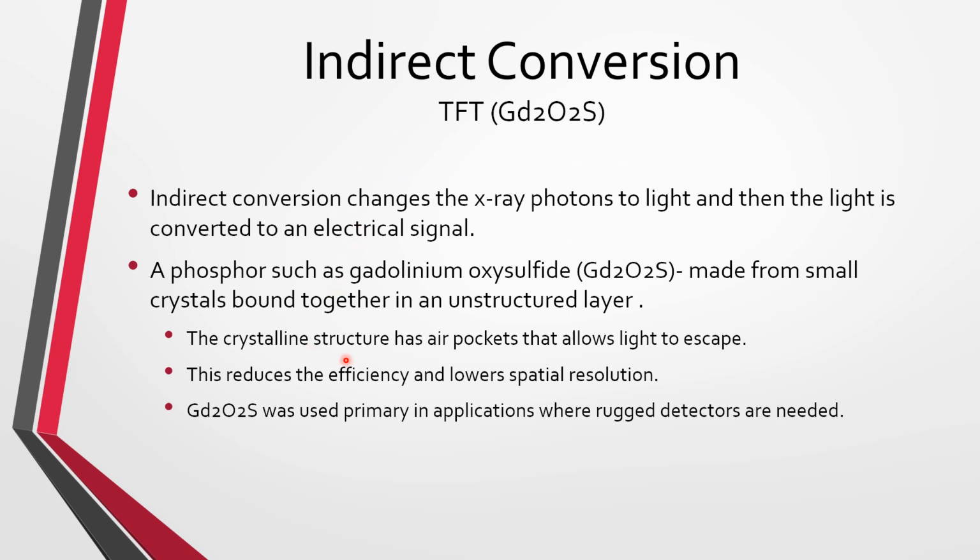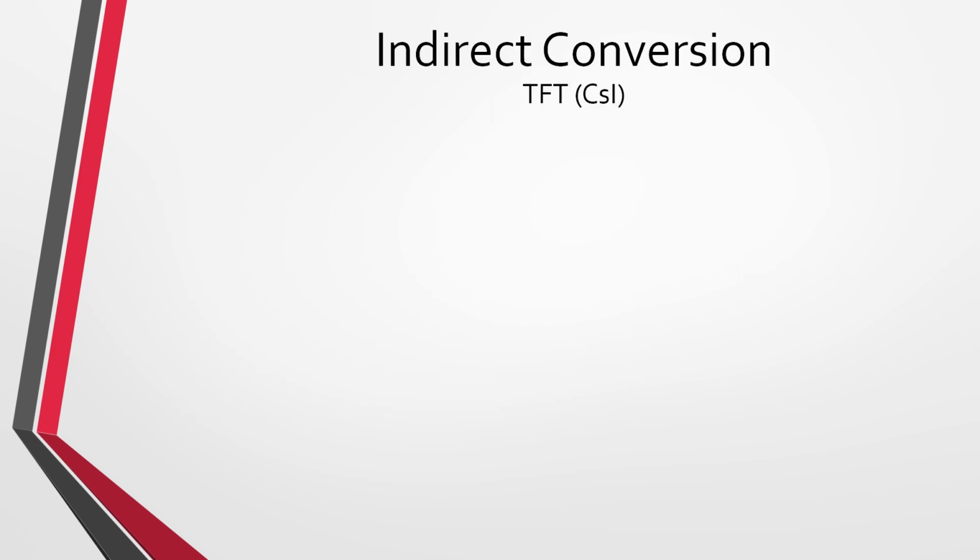So this kind of air pocket light leak that happens, right? And remember, the light at this point is the signal, okay? So we don't want that to leak. We need that to get to the collection elements, so we can read it and create an image. This reduces the efficiency, but they're getting better. That was my point with manufacturing some of these things, so it's still learned about. So indirect conversion also with TFT technology.